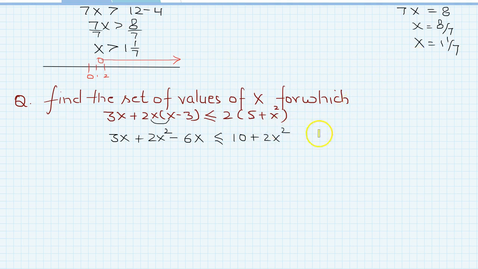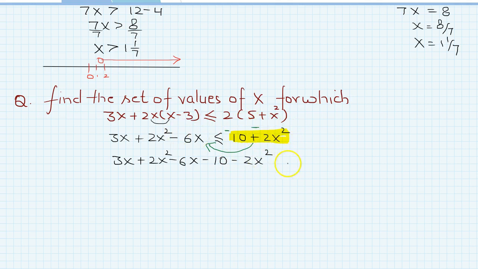Now what we are going to do is take this complete expression to this side, and when we change the side, this 10 will become minus and this 2x squared will also become negative. So the new expression is 3x plus 2x squared minus 6x. Now 10 we are going to take this side, so it will become minus 10, and this 2x squared will become minus 2x squared.